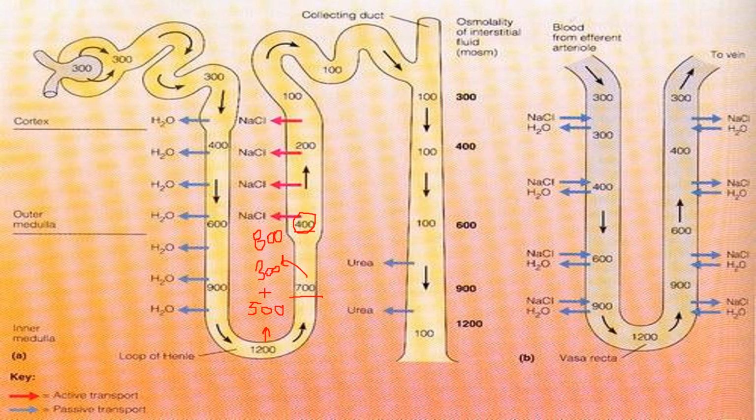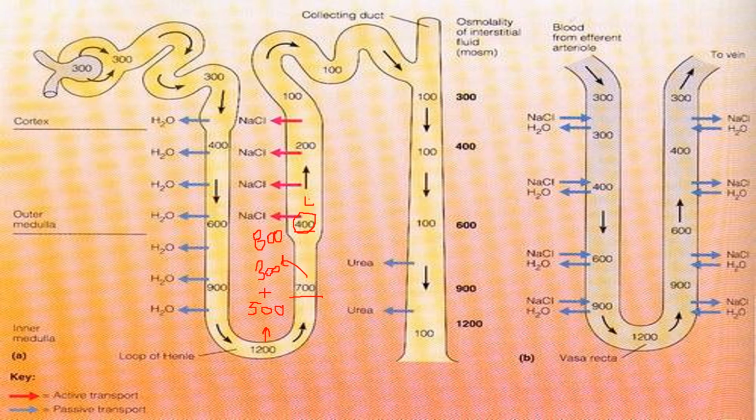Now there is a higher concentration outside the ascending limb and a lower concentration of salt in the thick portion of the ascending limb of loop of Henle.